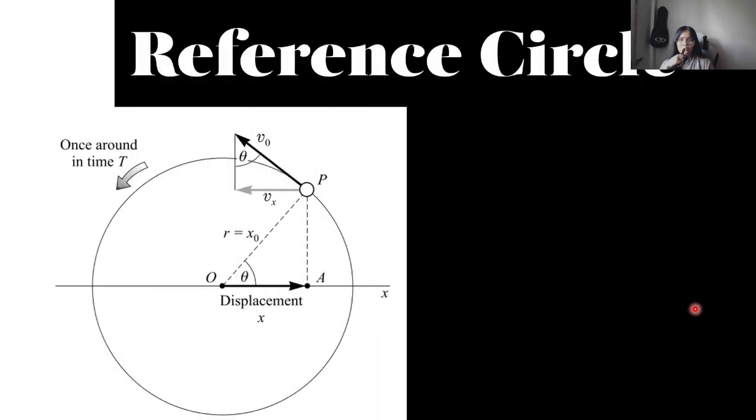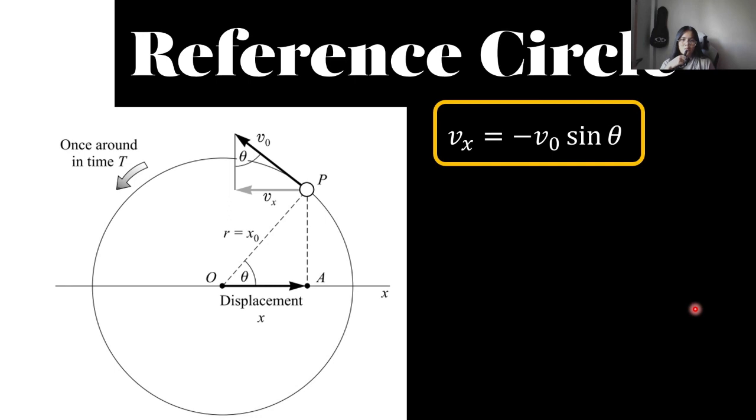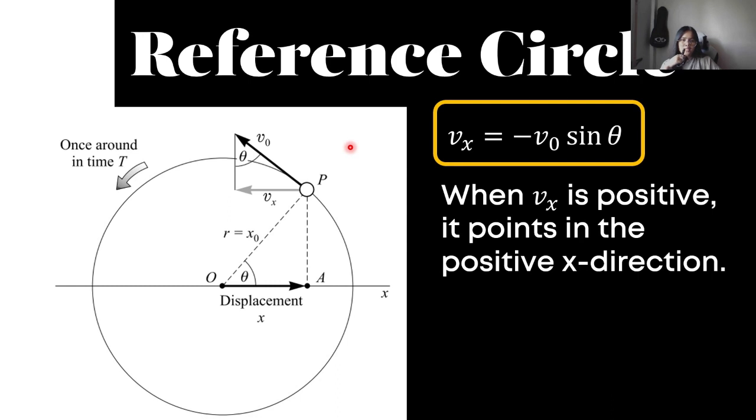Okay, so ito naman sa reference circle natin, makukuha 'tong formula na negative v sub o sin theta. V sub o sin theta, kasi opposite nitong theta is si Vx. When Vx is positive, it points in the positive x direction.